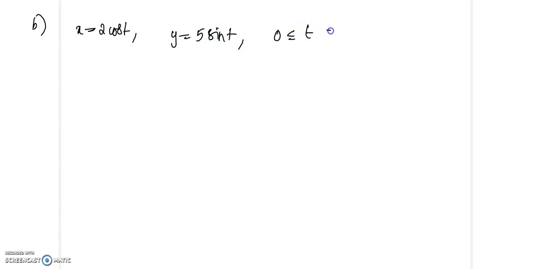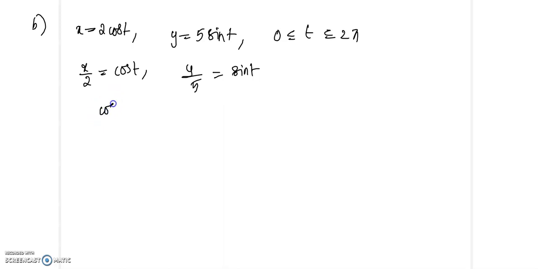Now let us look at another example. If you have x equal to 2 cos t and y equal to 5 sin t, where 0 is less than or equal to t less than or equal to 2 pi. Here, x by 2 is cos t and y by 5 is equal to sin t.